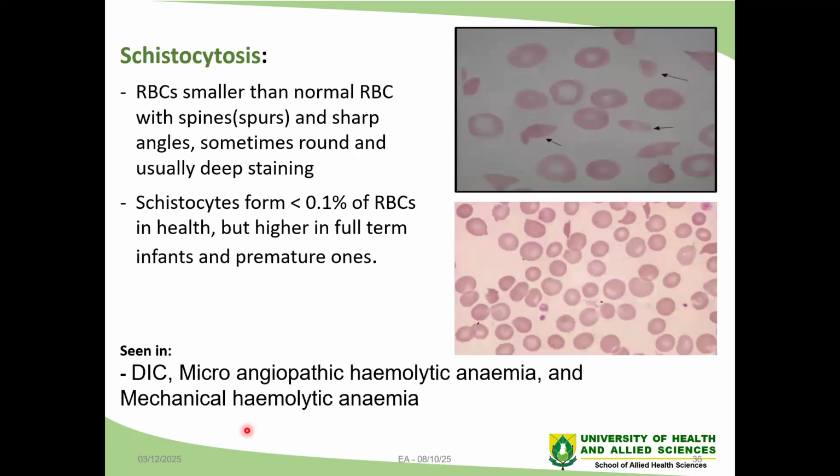Next, we have a phenomenon called schistocytosis. Schistocytosis here is referring to a condition in which you are presented with a lot of fragmented red cells within the blood film. We know the normal size of red cells and the characteristics of the cells, but here you can see some small or smaller sized red cells looking funny. It is actually because these red cells got fragmented along maybe their journey in the circulation.